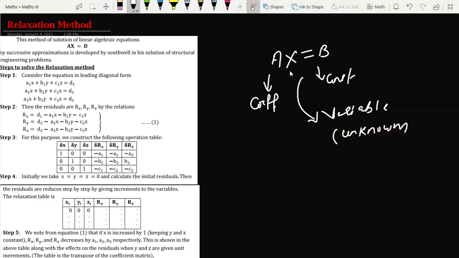To evaluate the values of the unknowns, we have to solve this equation, which is in the form of simultaneous equations, also called linear equations.